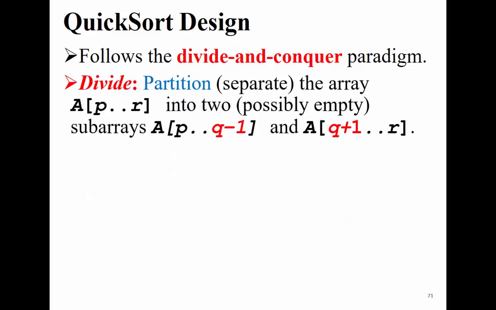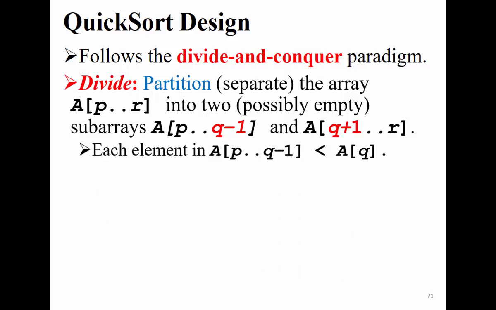We start partitioning an array from P to R into possibly two non-empty arrays, P to Q minus 1, and Q plus 1 to R. So you can see we divide the array into two arrays. But what is Q and what is R?